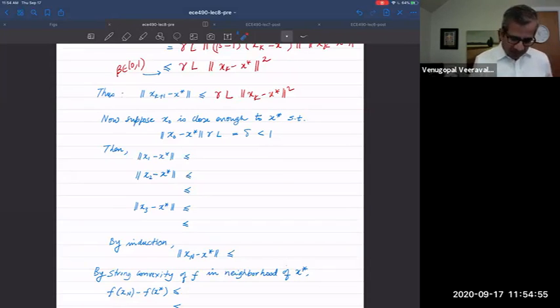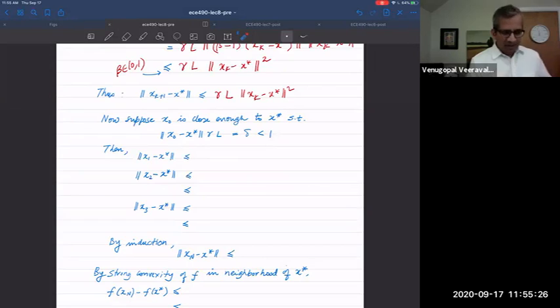So let's suppose x0 is close enough. Again, this is important: with Newton's method, I have to start close to the solution. So if x0 is close enough to x star such that x0 minus x star times gamma times L is equal to, say, some delta which is strictly less than 1, then let's see what happens.